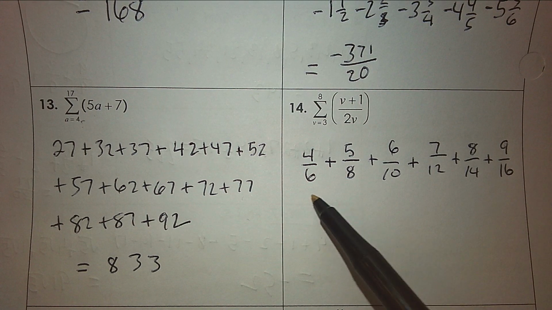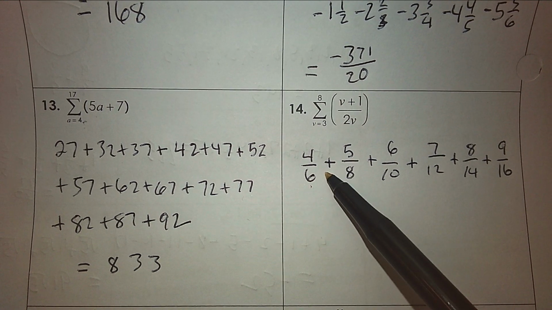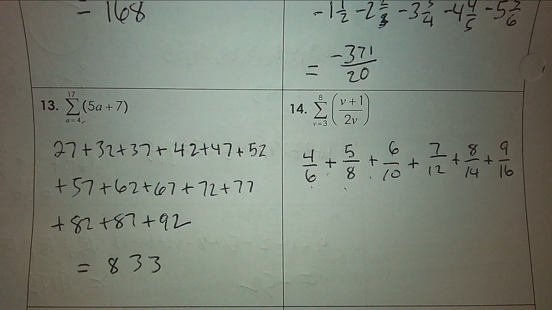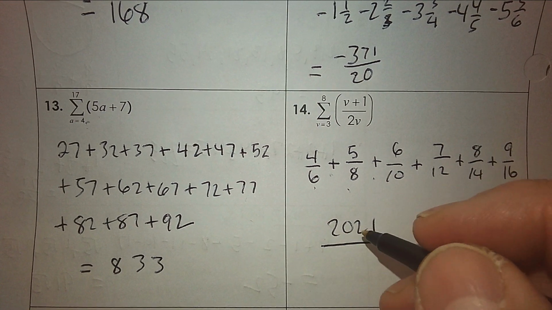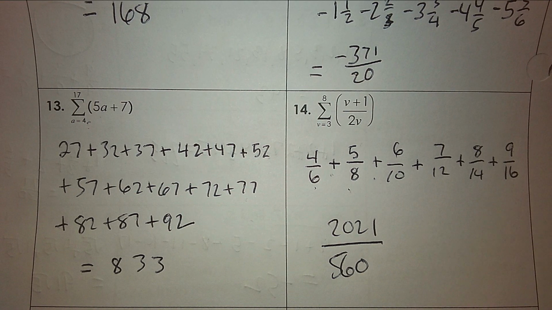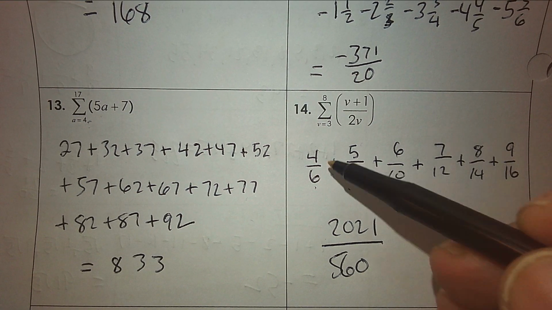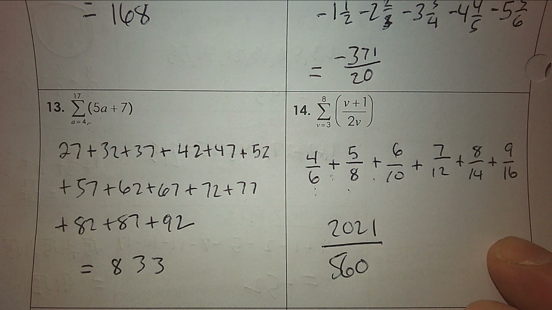If you use your calculator, just go 4 divided by 6 plus 5 divided by 8 plus, you know what I mean? Press enter, it'll be a fraction at the end. So, I know you can do that. 2021 over 560, using your calculator. Remember, a fraction means you're dividing. So it's just 4 divided by 6 plus 5 divided by 8. You don't even need parentheses because order of operations is already built in.